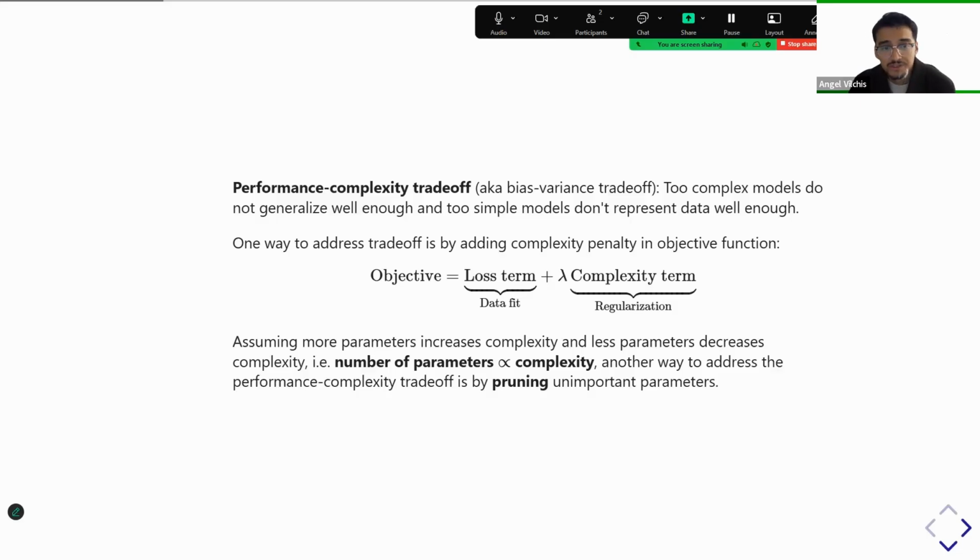Neural networks have been known to be on the complex, high-variance side, where they can fit data very well, and therefore they're more likely to overfit. They're more likely to not generalize well without specific techniques to avoid that.